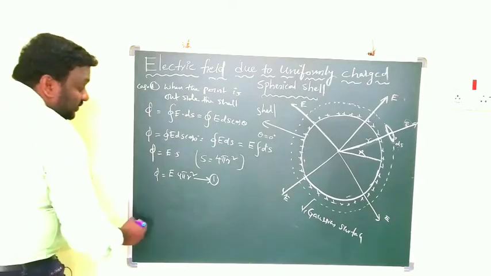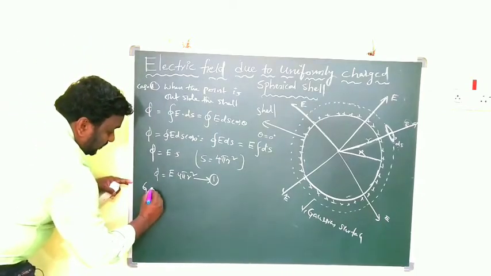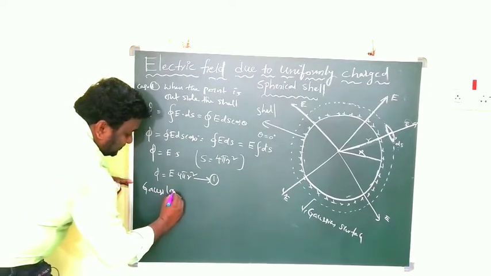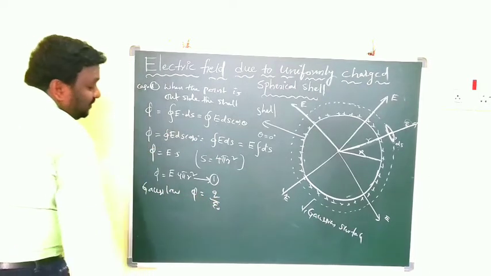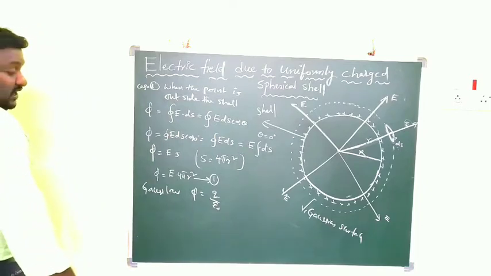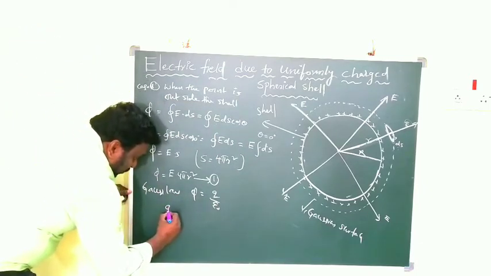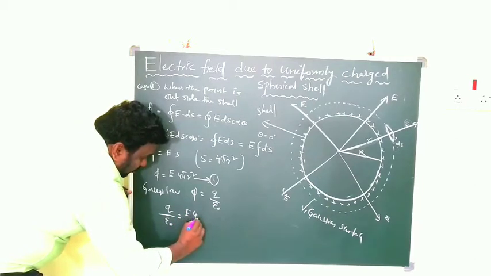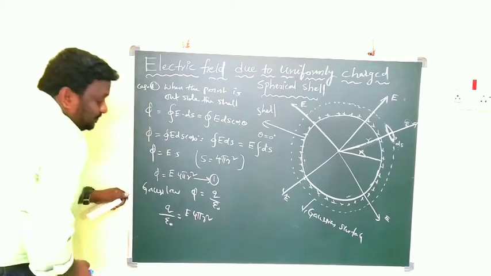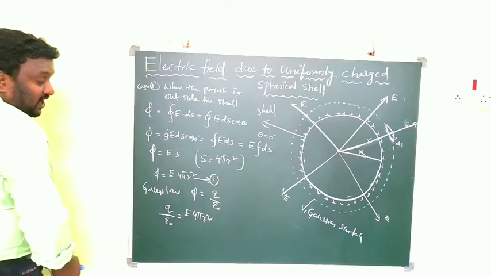After that, what is Gauss law? From Gauss law, what we write? Phi is equal to Q by epsilon naught. Substitute here. Q by epsilon naught is equal to E into 4 pi r square.